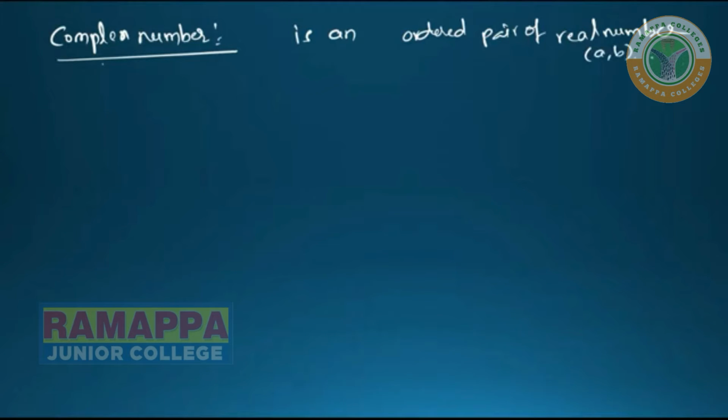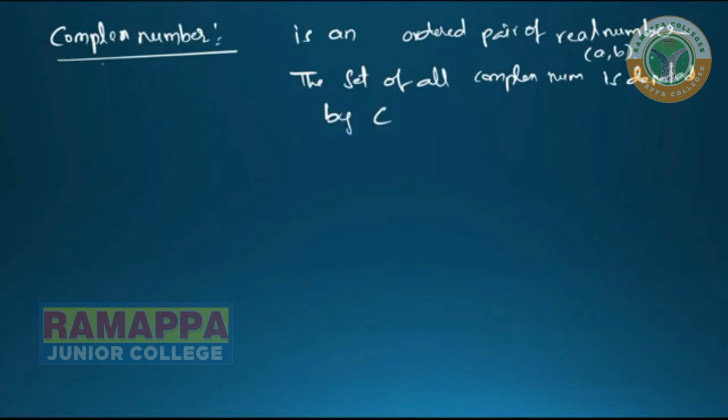The set of all complex numbers is denoted by C, such that a belongs to capital R and b belongs to capital R. R means the real number set here. So a complex number is an ordered pair of real numbers a comma b, and the set of all complex numbers is denoted by C.